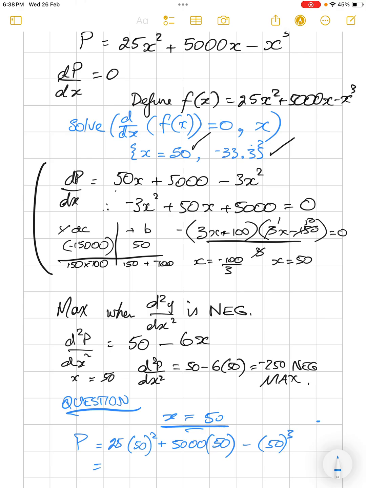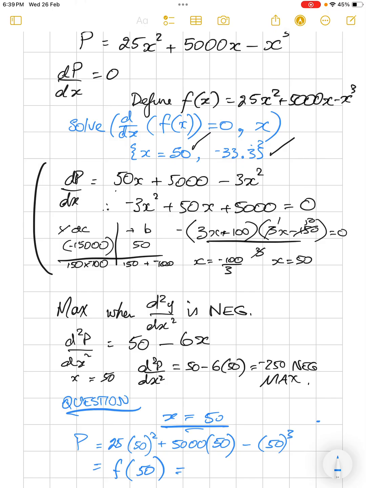And we put that on a calculator. Since I've defined it, I'm going to find the function of 50 on the calculator. We could have graphed it as well on the Casio.